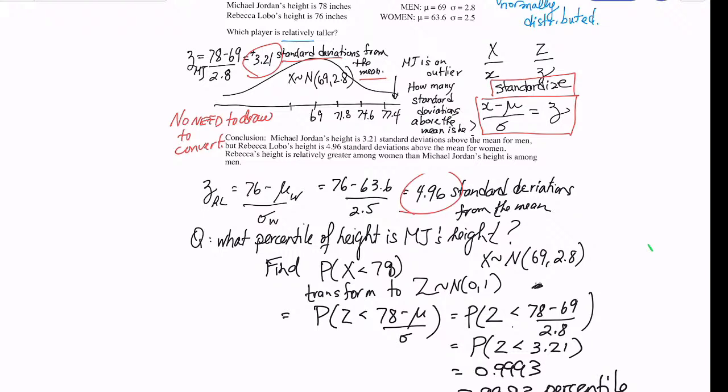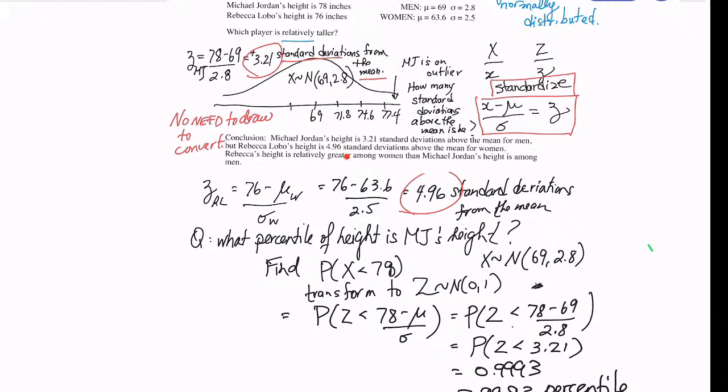Now somehow Rebecca is even taller. How would we answer that question? What percentile of height is Rebecca Lobo in? She's off the charts. She's 4.96 standard deviations.